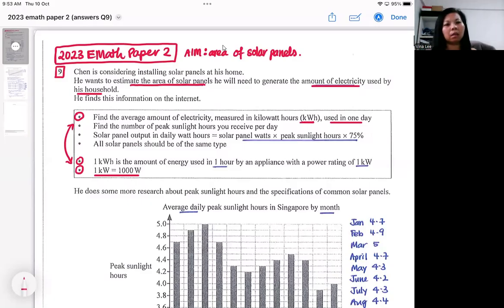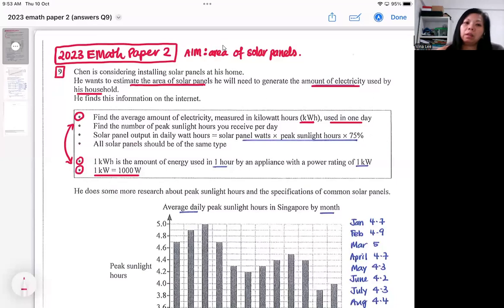But of course, different appliances will have different power ratings. The higher the power rating, the more electricity it uses per hour. For example, aircon actually uses quite a lot of energy. So look carefully at the definition.